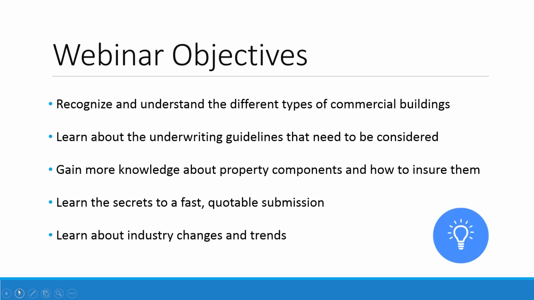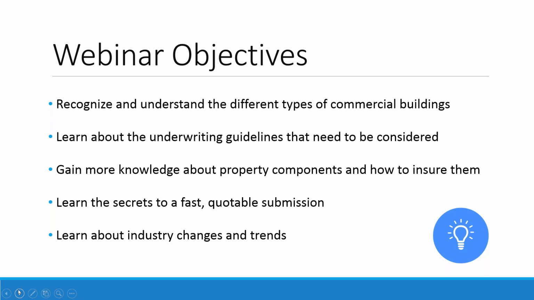Okay, let's get started with objectives, and then I'll turn it over to Michelle. We're talking about Lessors Risk today, and it's going to be important. There are so many different types of commercial buildings, so understanding the different types and how to insure them is important. Also, underwriting guidelines that need to be considered are key.